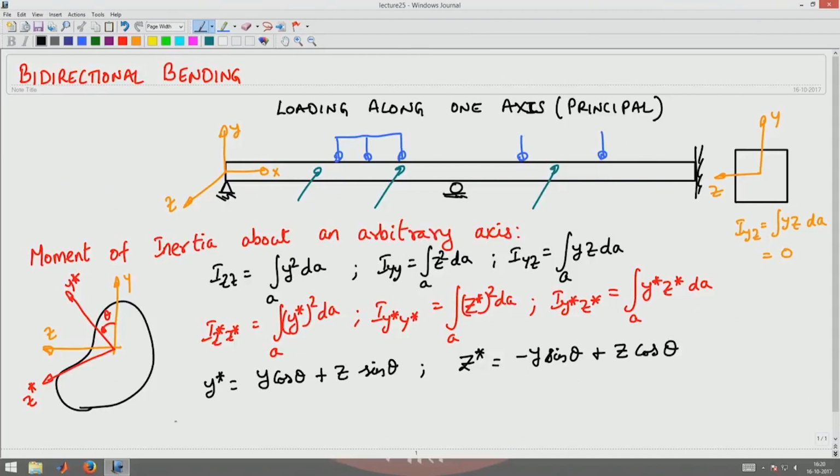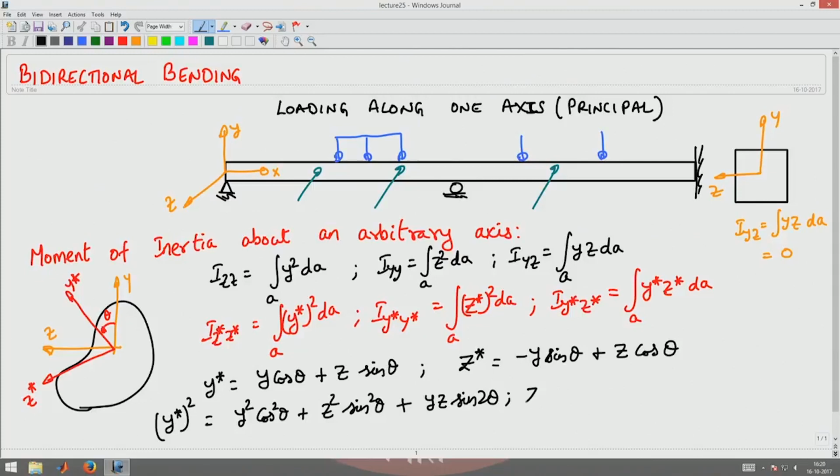Okay. Then what do I get? I have to find y star squared, that will be y square cos square theta plus z square sin square theta plus yz sin 2 theta, that is 2 yz cos theta sin theta is yz sin 2 theta.